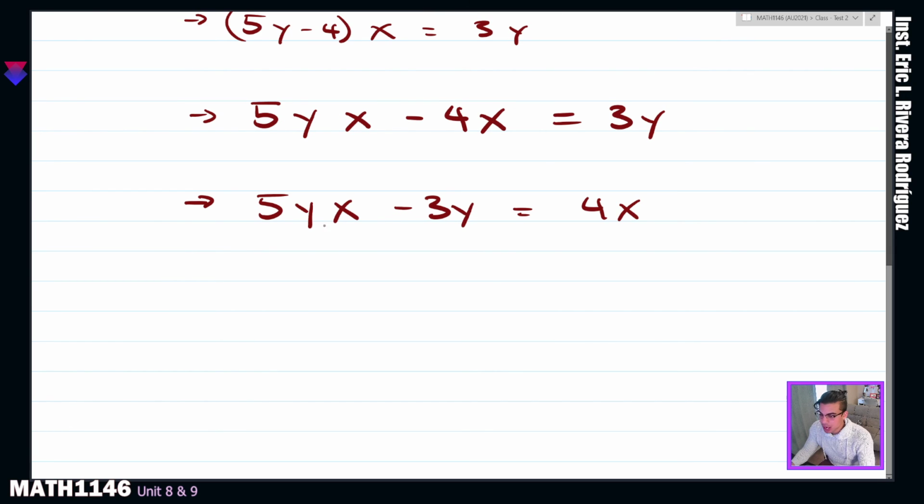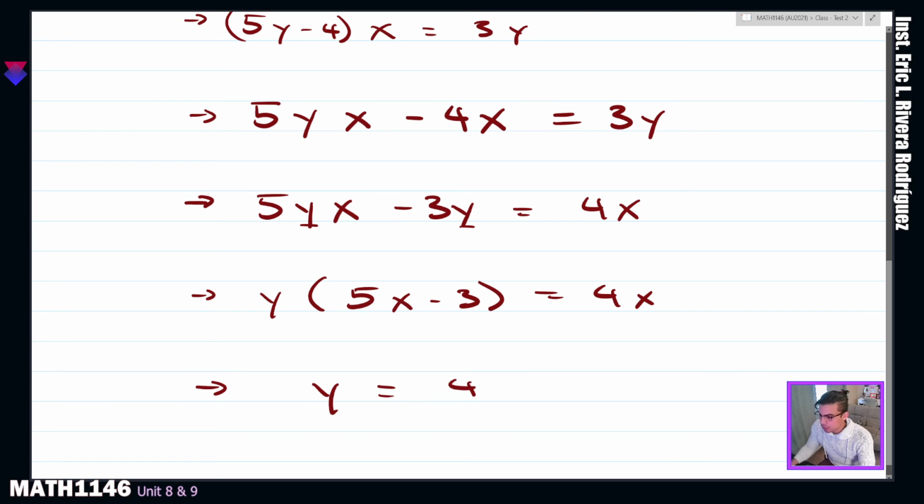Because now we have all terms with y, we can factor out y from the left side. So y times 5x minus 3 equals 4x. We divide both sides by this factor. Let me do that.